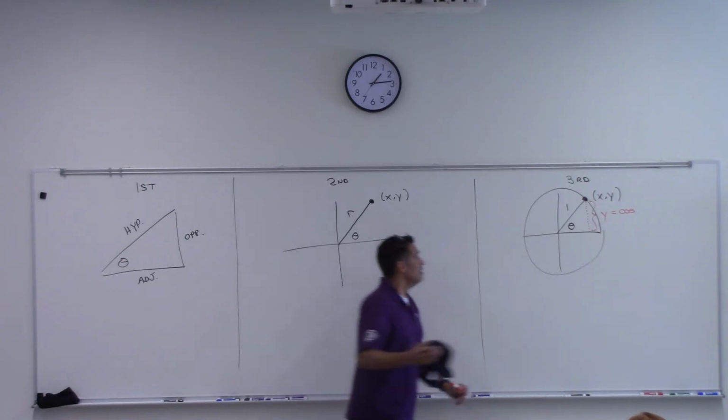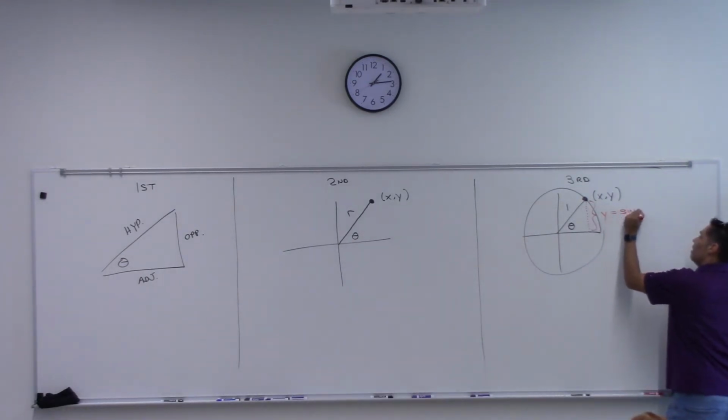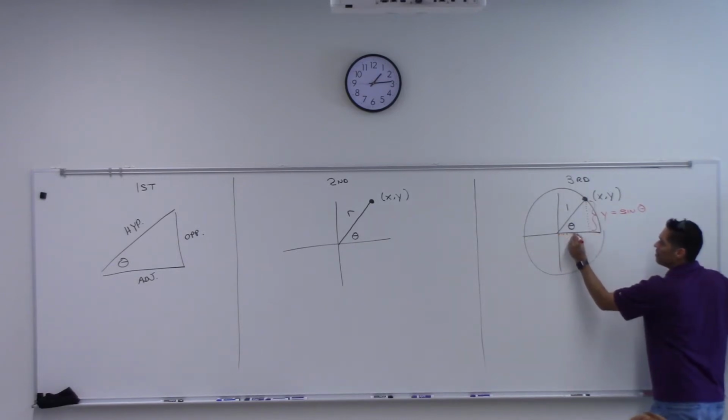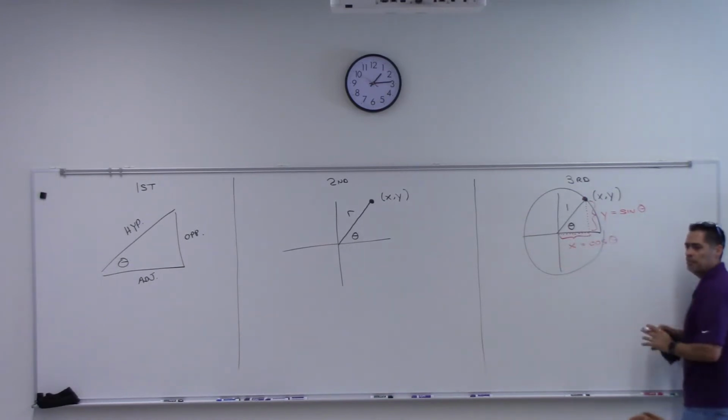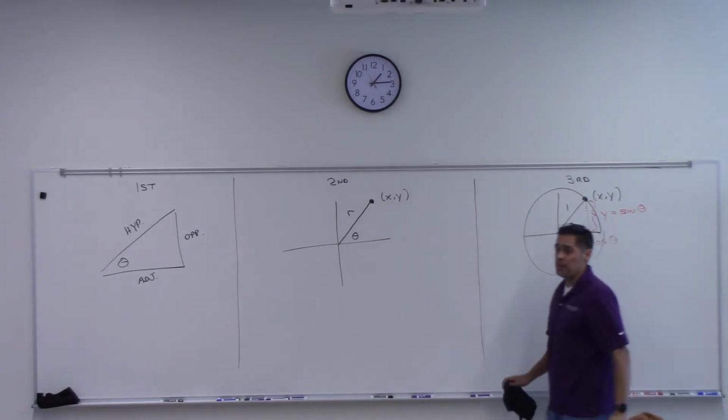It is sine of the angle, right? Similarly, the distance from here to here, that's the x coordinate, but that's cosine of the angle, right? Okay. So those are our three definitions.